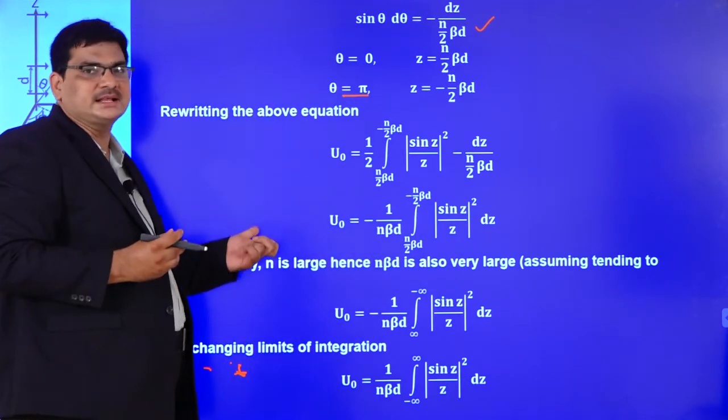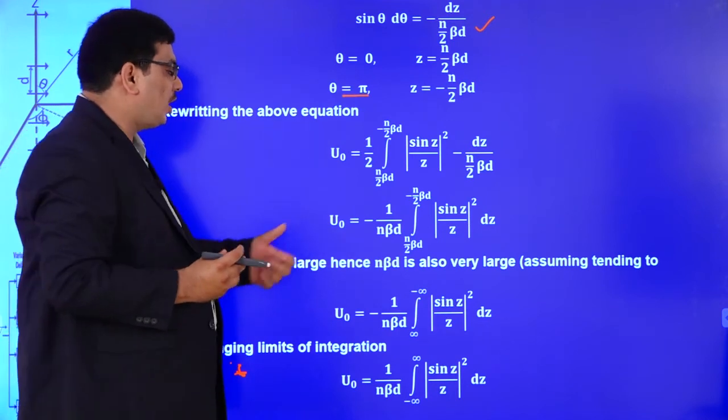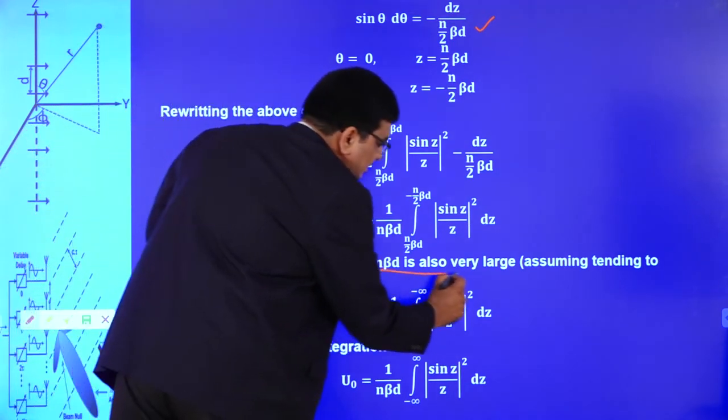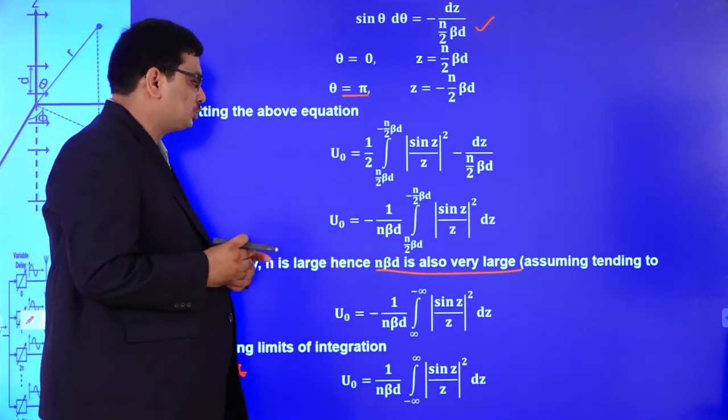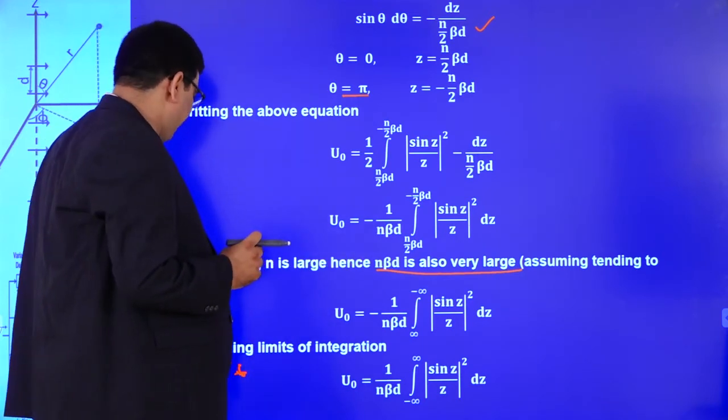So for large arrays, that means n is very large, this n β d is very large, and we assume that value is equal to infinity.